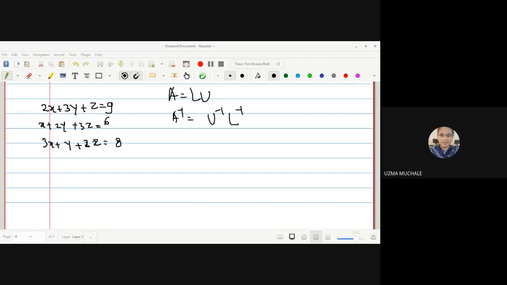Okay, verify whatever you have got. U11 is 2, U12 is 3, U13 is 1. These are directly. Okay. What is L21? 1 by 2. Yes, ma'am. L31 is 3 by 2. Yes, ma'am.